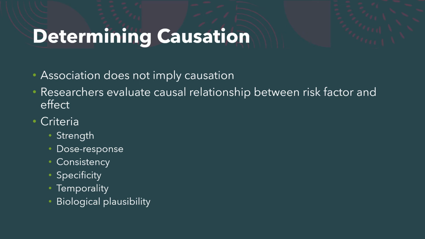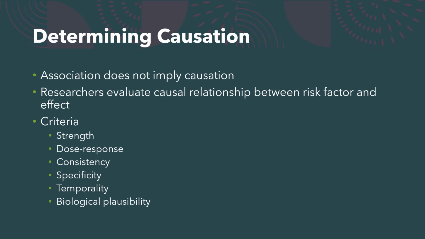We can't do studies, right? It would be unethical to force people to smoke and then to follow them and see if they develop lung cancer. What we can do is look at the strength and other factors of the relationship between smoking cigarettes and lung cancer. And so, for example, we can look at the strength of the association.